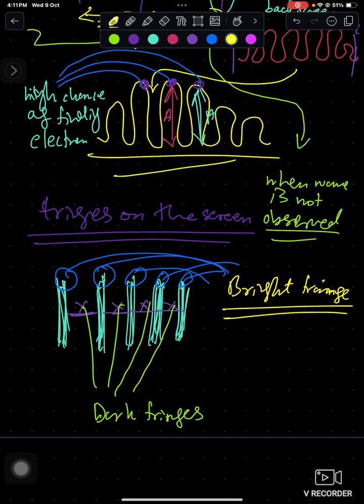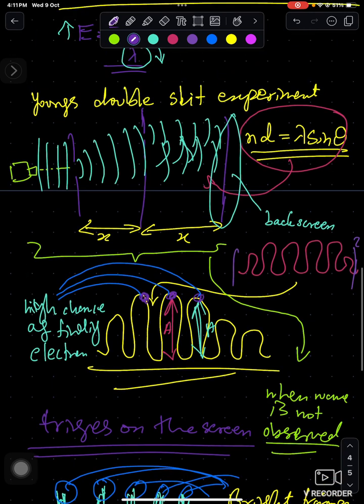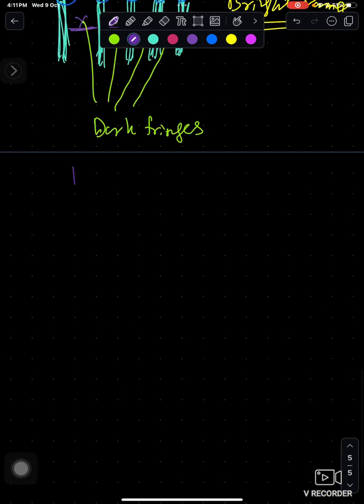Okay, and this experiment is Young's double slit experiment. Here we can add one more concept, Huygens' principle.